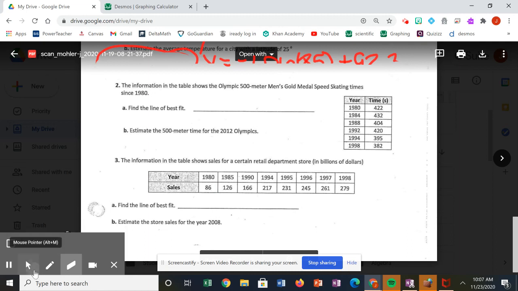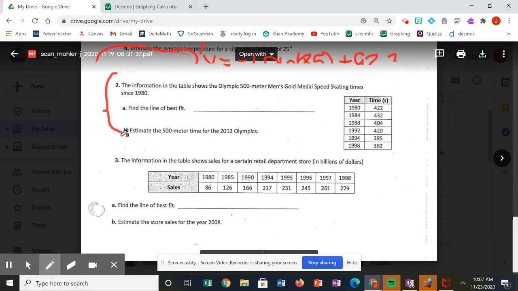So this second problem, I want you to see if you can put that in your Desmos calculator, find the line of best fit, and I would also like you to find the R value. So see if you can also find the correlation coefficient, find the line of best fit, and estimate the 500-meter time for the 2012 Olympics. So you would be evaluating that for the year 2012.